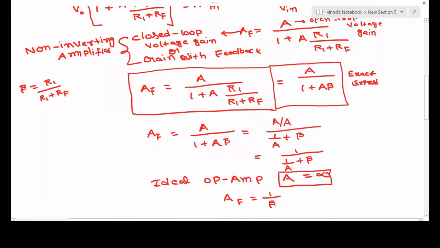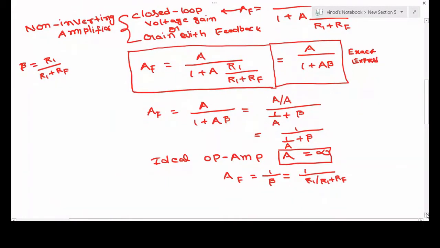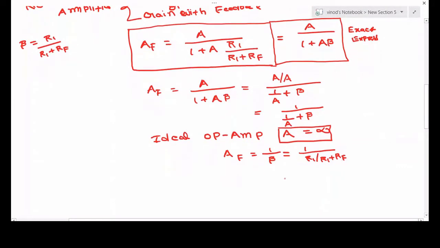So what is beta? Beta is nothing but R1 by R1 plus RF, right? If you substitute the beta value, it is R1 by R1 plus RF. Now take that R1 plus RF into the numerator, and then the denominator will have R1.